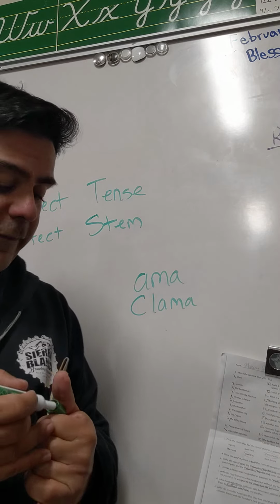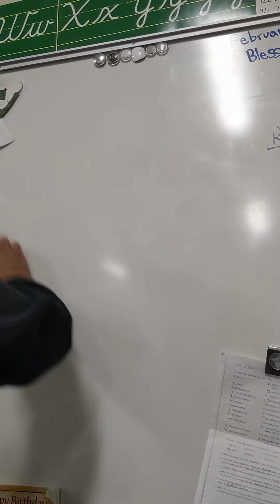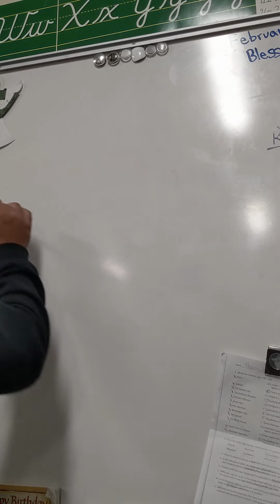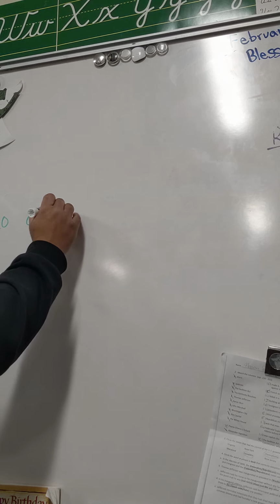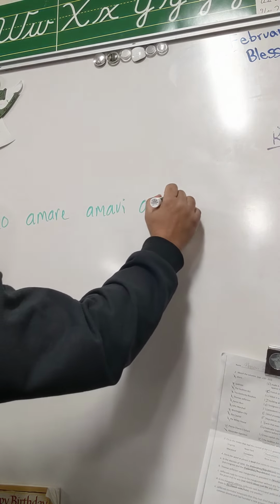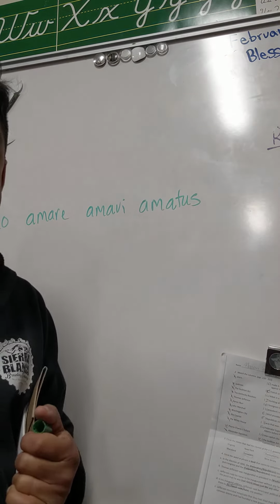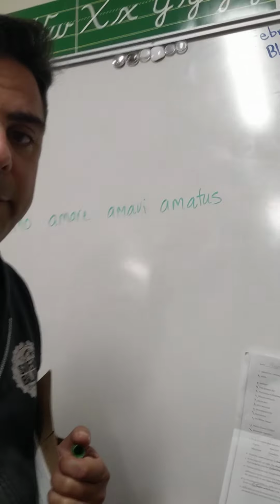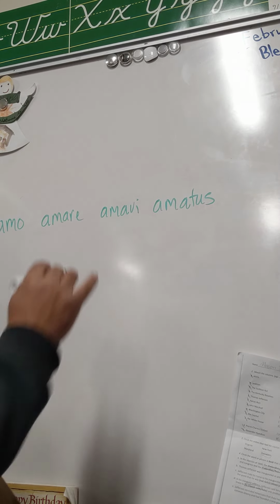Now, how do you find the perfect stem? Well, if you remember from lesson 7, you learned the principal parts. So let's go with amo, amare, amavi, amatus. The way to find the perfect stem is something all the students need to know.